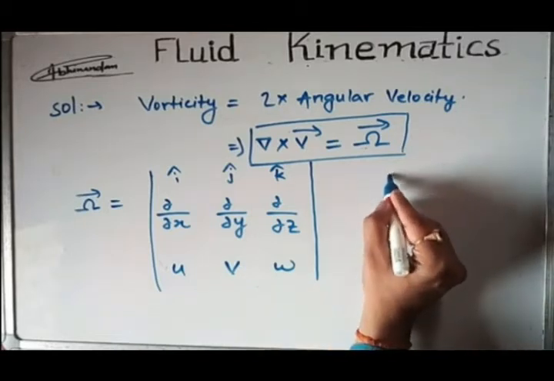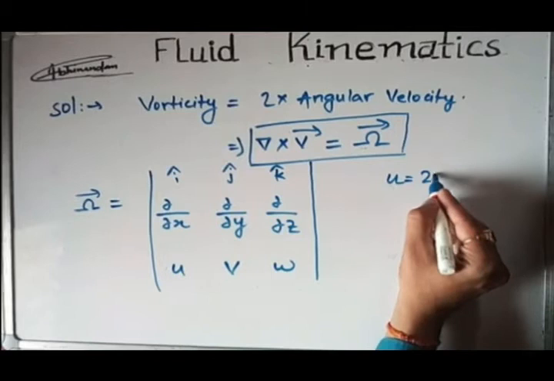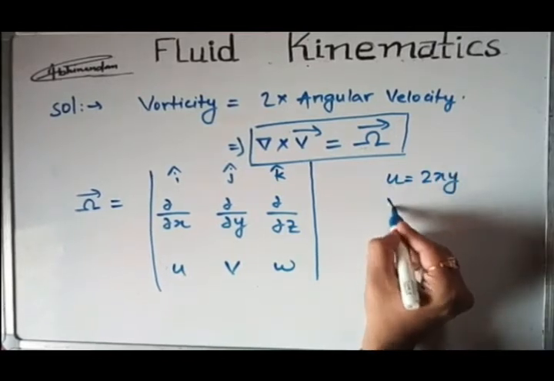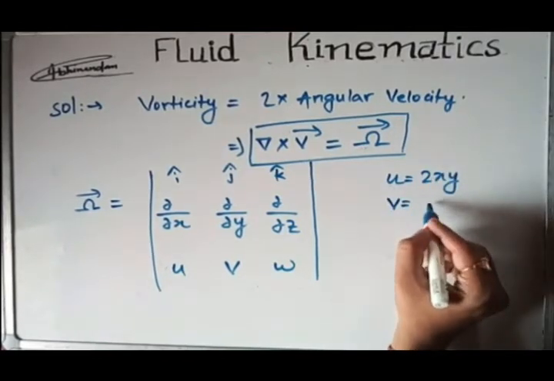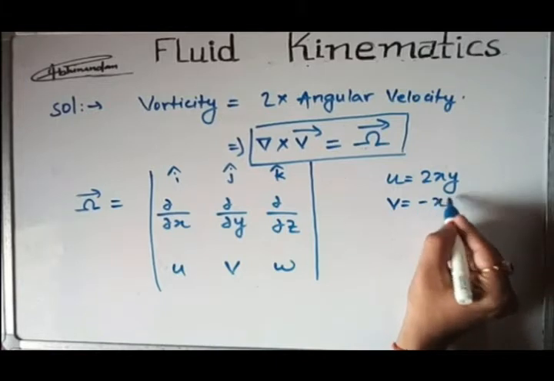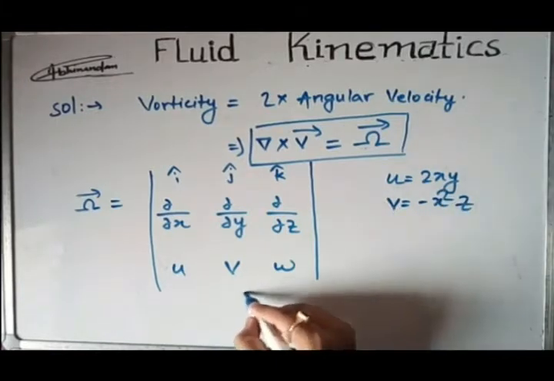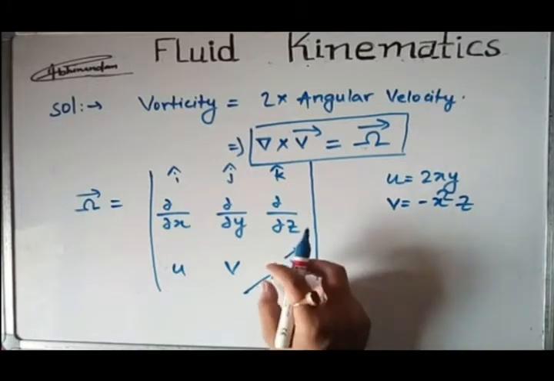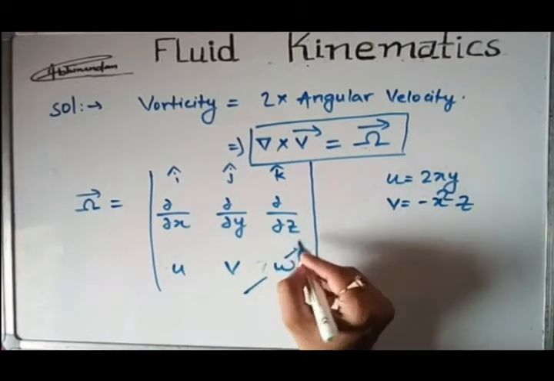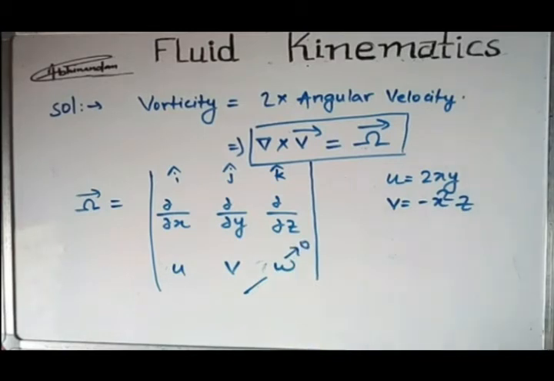Now as per this question, we have u equals 2xy and v equals minus x square z, and w equals 0 here. So there is no component of velocity in z direction.